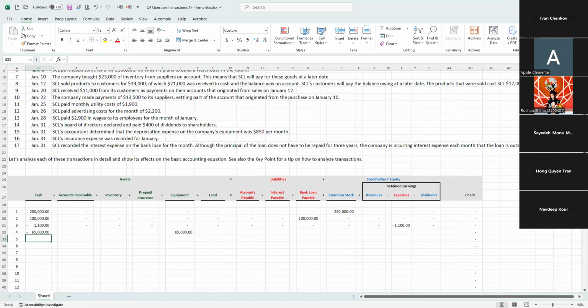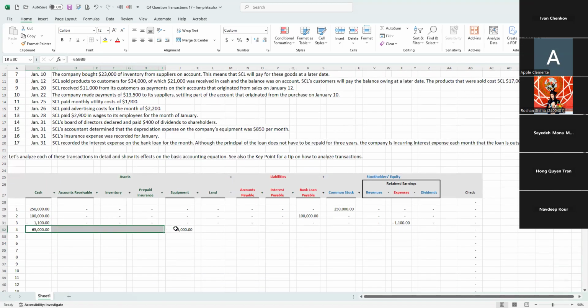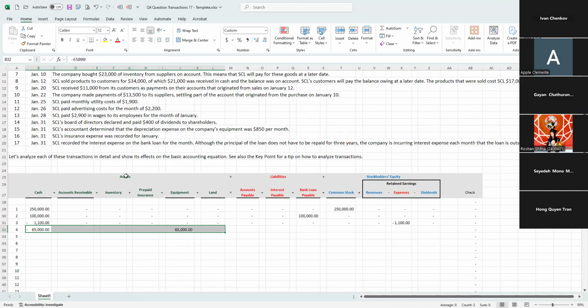So let's think about it. What's happened here? This transaction affects only and only assets, correct? Yes. So what we did, we converted one asset, which is cash, into another asset, which is equipment.